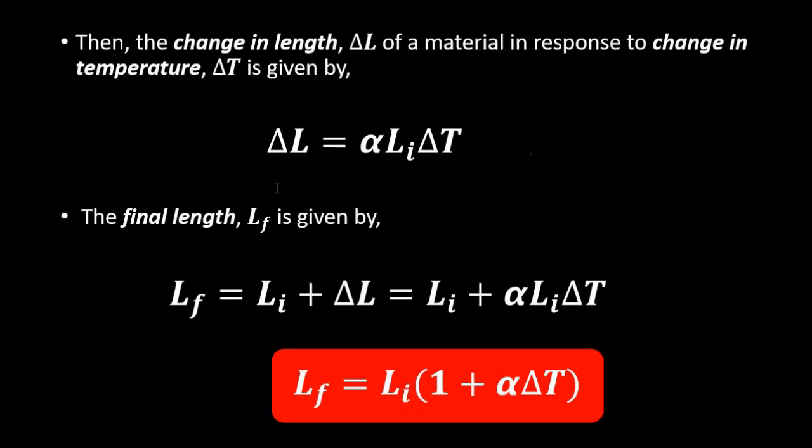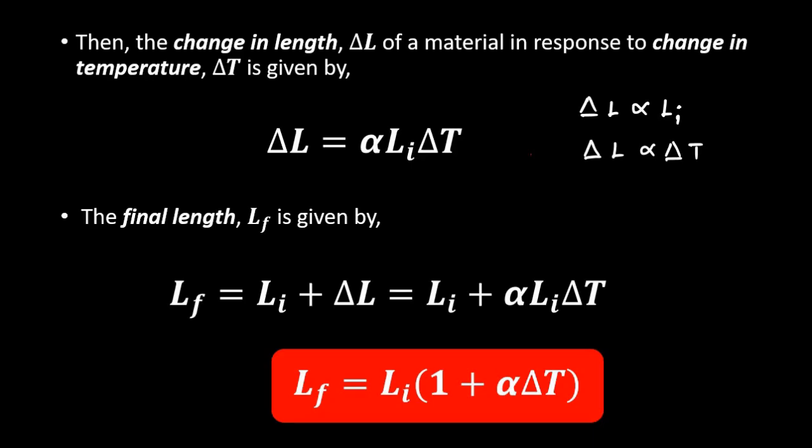So the change in length delta L, the degree of change in length of the material in response to the change in temperature delta T, is given by delta L is alpha Li delta T. So here it says that the change in length is directly proportional to the initial length. The change in length is directly proportional to the increase in temperature.